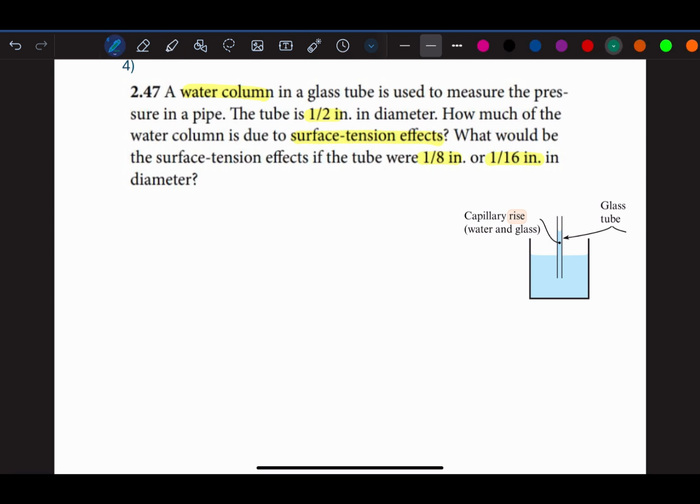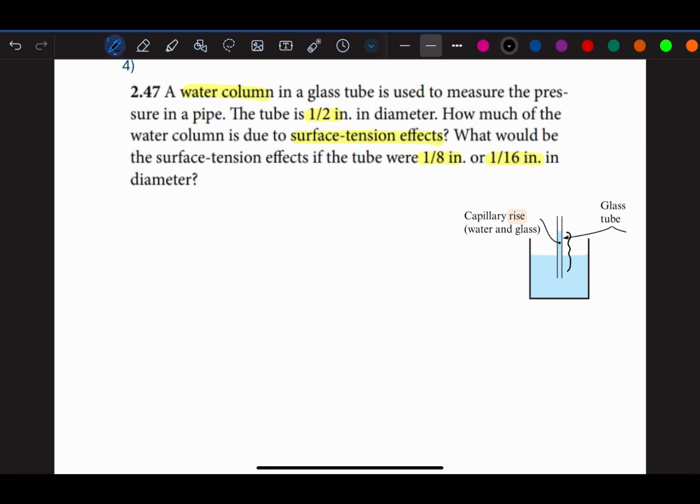Let's assume this is our tube, and we are using it to measure pressure. As you can see, we have a water column here, and this is happening because of the capillary rise.